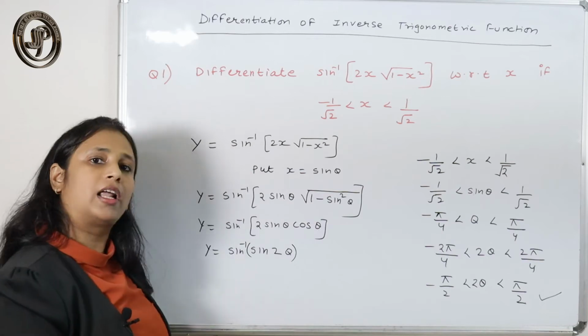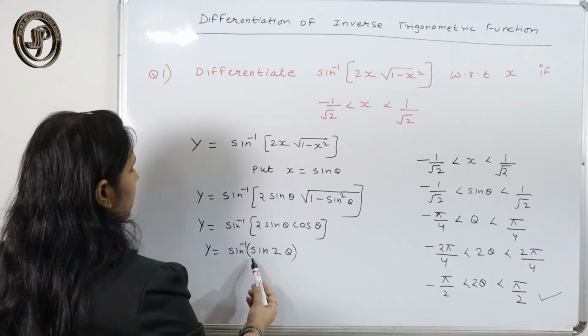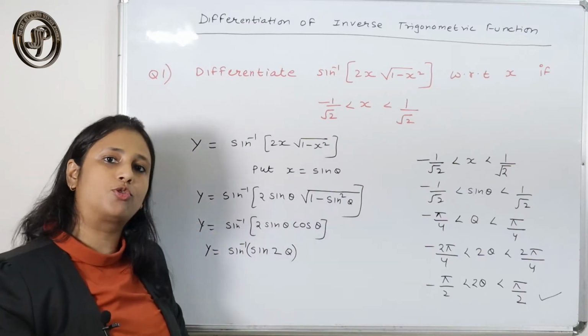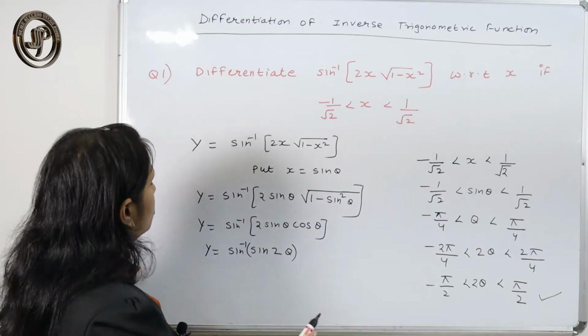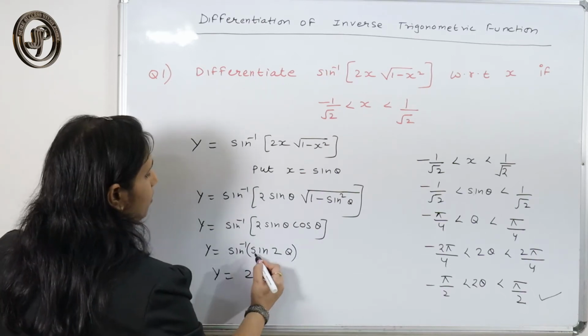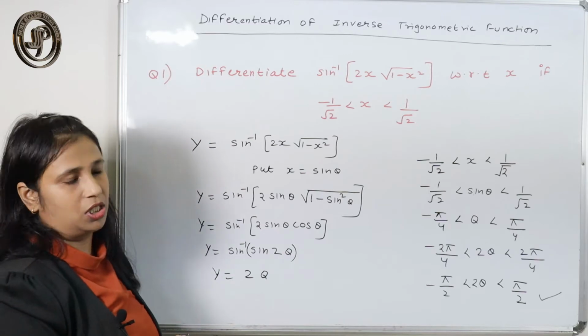Yes, it is correct. So now your 2 theta lies between minus pi by 2 and pi by 2. Okay, so we can cancel out these two and we can write sine inverse sine 2 theta as 2 theta.